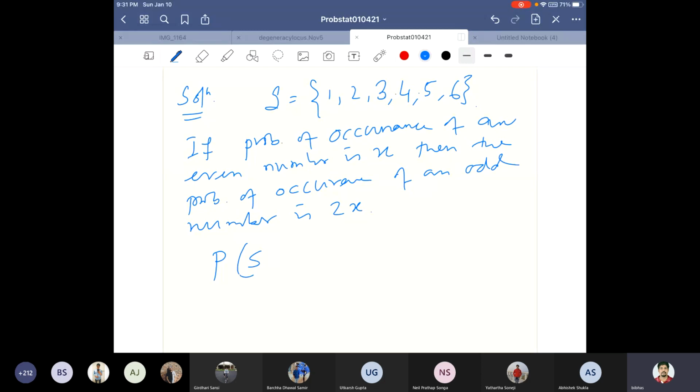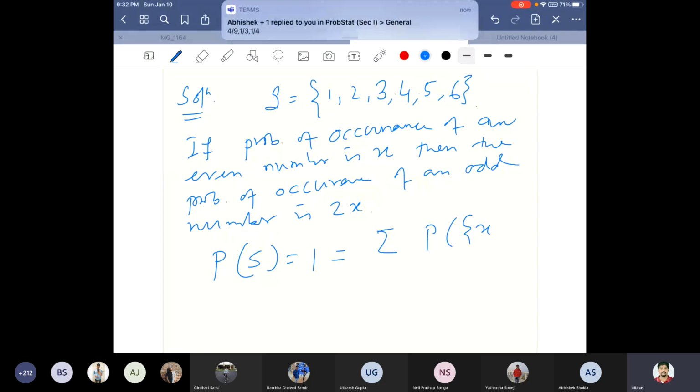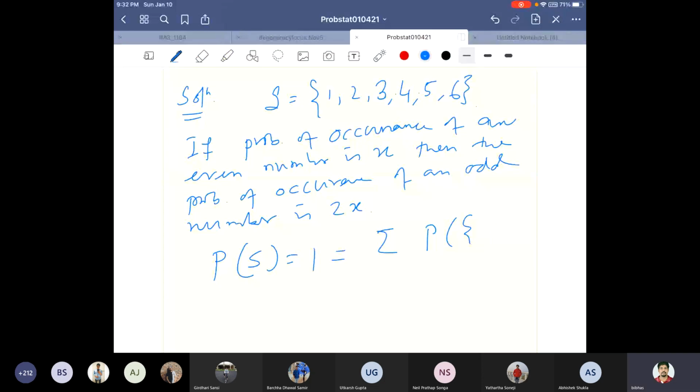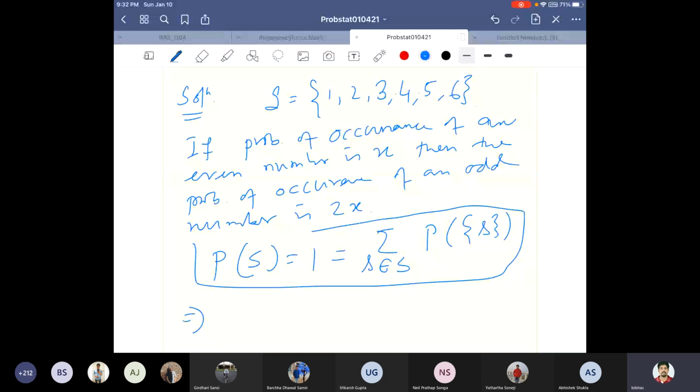I know that the probability of S is equal to 1, where S is the sample space. This is one of the properties I mentioned about probability. So 1 equals the probability of 1 plus the probability of 2 plus dot dot dot plus the probability of 6.